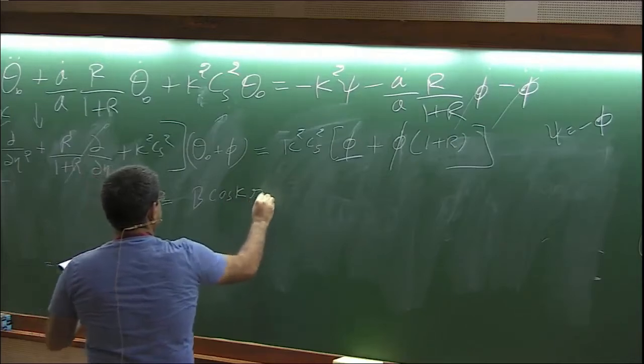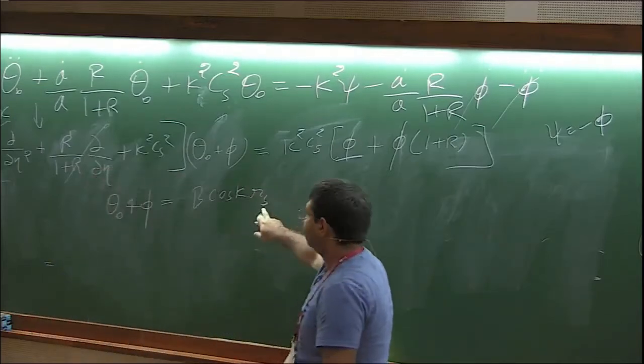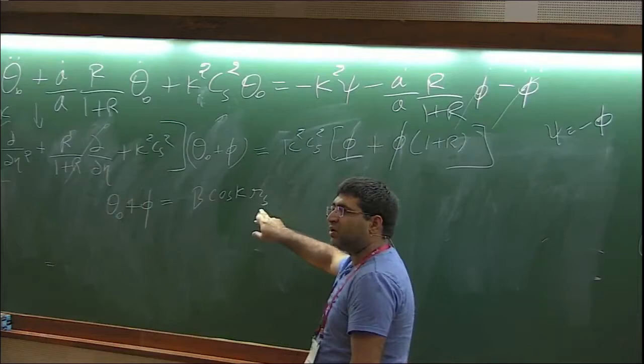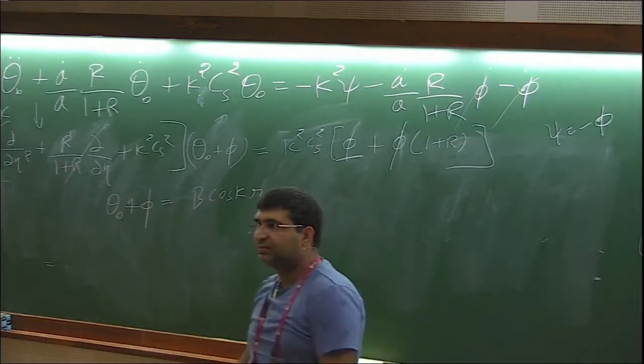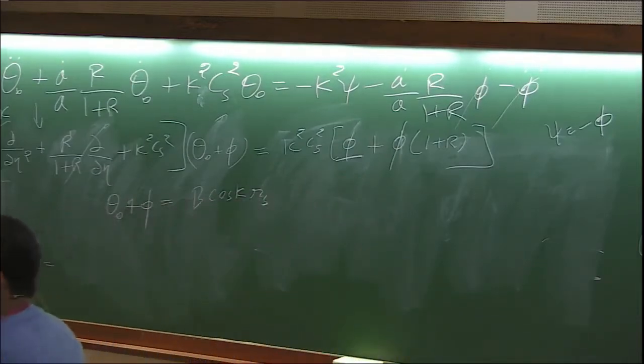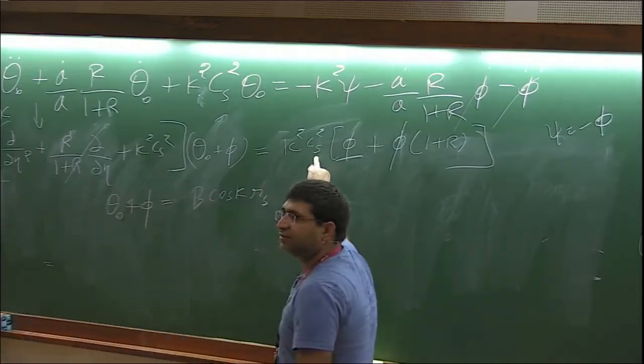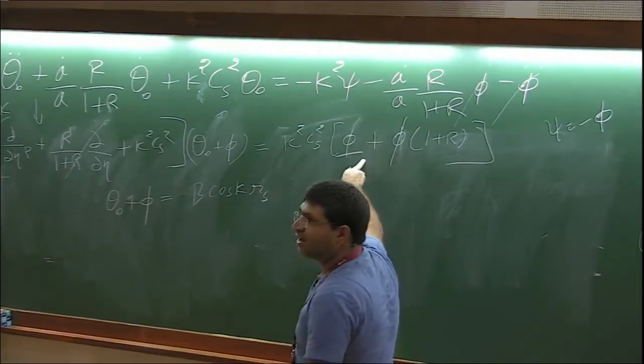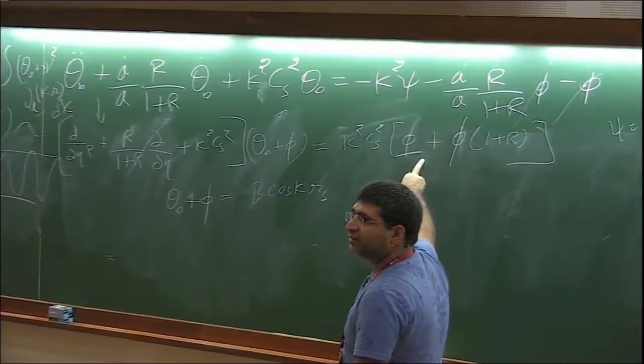Again, now I will use this sound horizon because baryons are not zero. So the 3 I have absorbed into this c_s squared. There was a factor of 1 plus r which was coming from here.